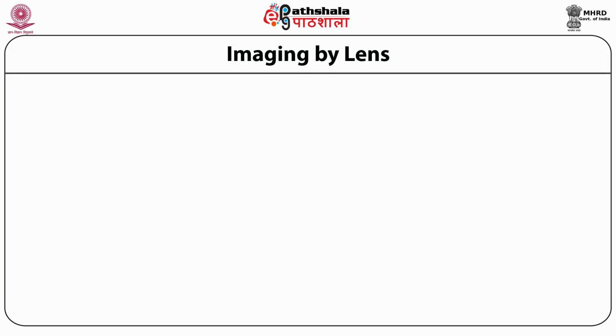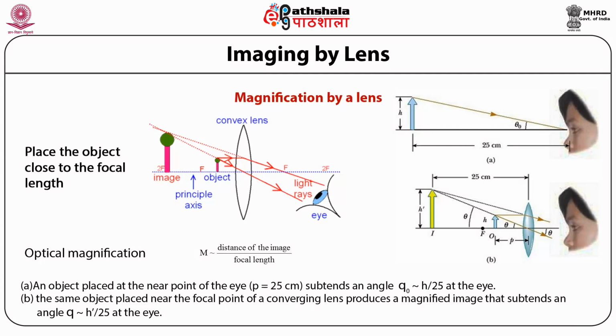In the imaging by a lens, let's quantify the magnification of a lens. We already understood that a single lens is used to magnify objects, but how much magnification can be achieved depends on the focal length of the lens. For example, an object of height h is placed at a distance of 25 cm from your eye.